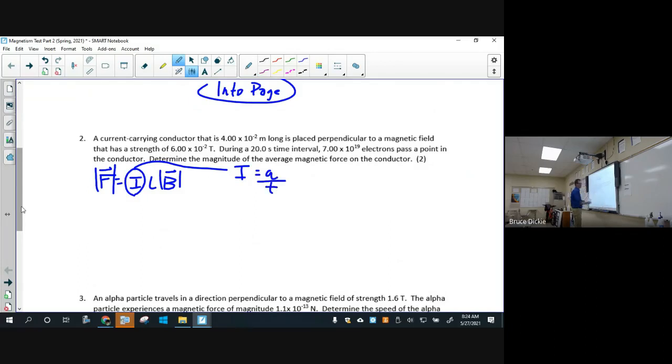That's fine. We'll get it. The current is Q over T, the charge over the time, but we don't know what the charge is, and that's fine. We'll get it. The charge is the number of electrons, 7 times 10 to the 19 electrons, times the charge of 1 electron, 1.6 times 10 to the minus 19 coulombs. We multiply those together. We get a value for the charge. I'm not sure what I have there, because I don't have that calculated.